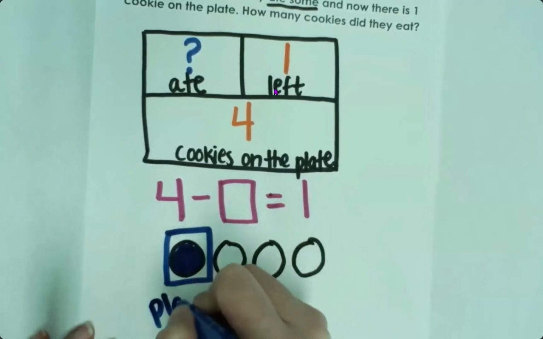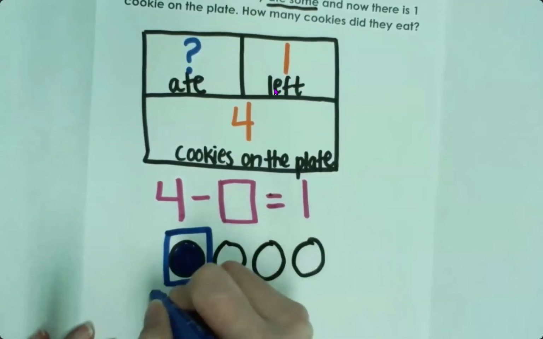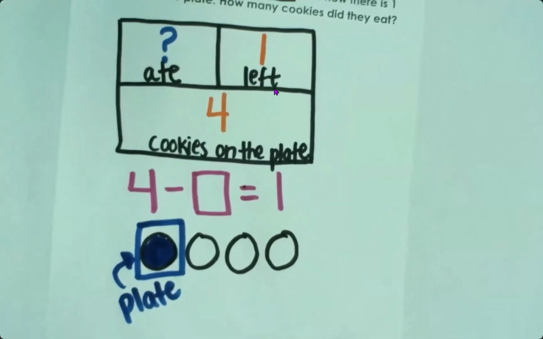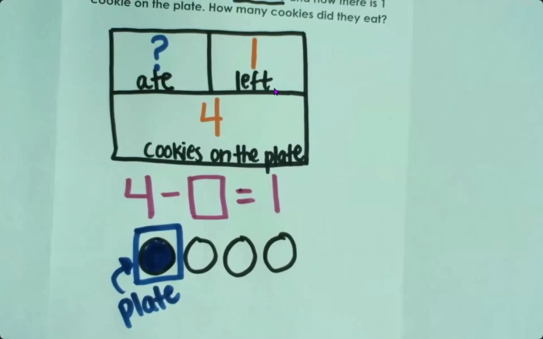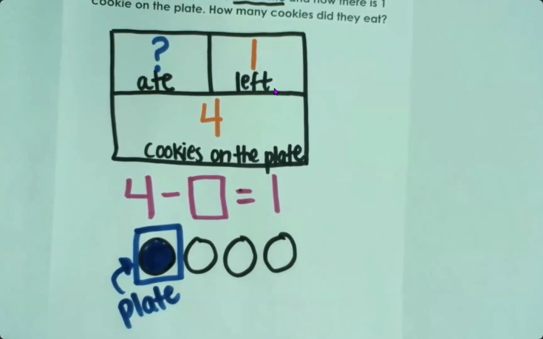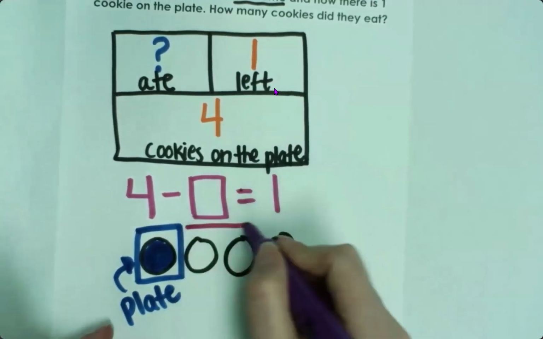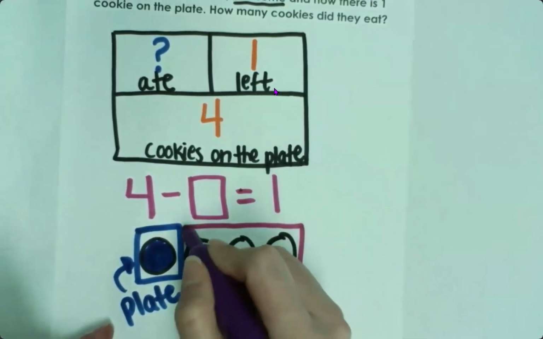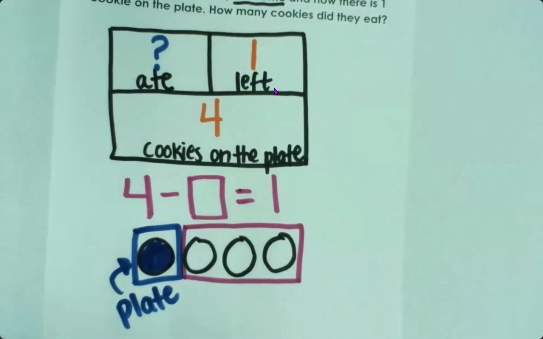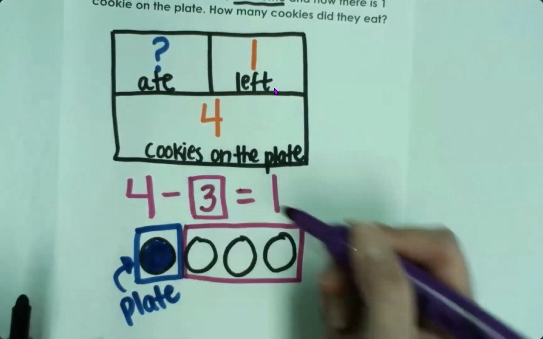I could label that for students. There's my 1 cookie on the plate. What I don't know is how many we ate. Well, now students can see the other part to know that this is how many we ate. And we can count 1, 2, 3. We ate 3 cookies.